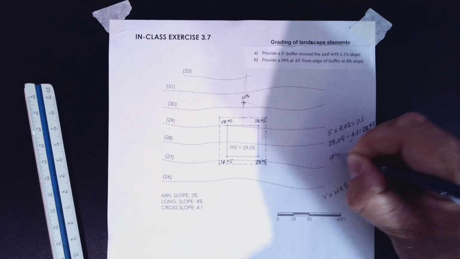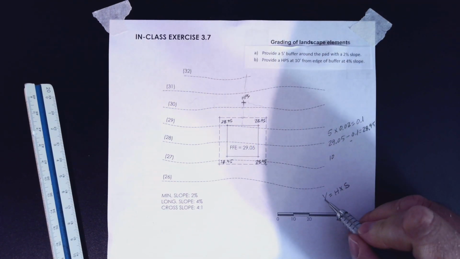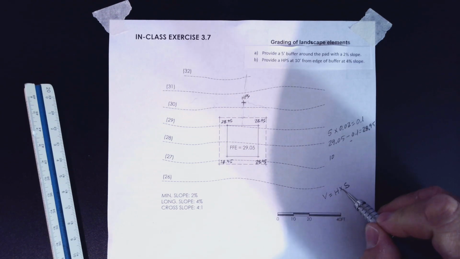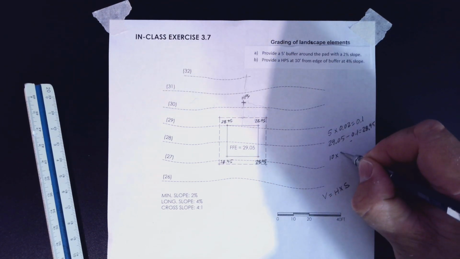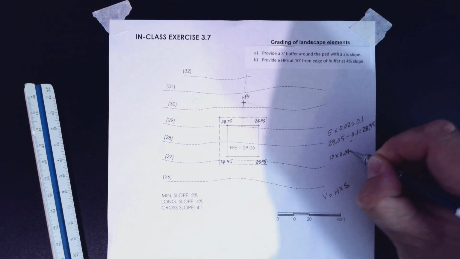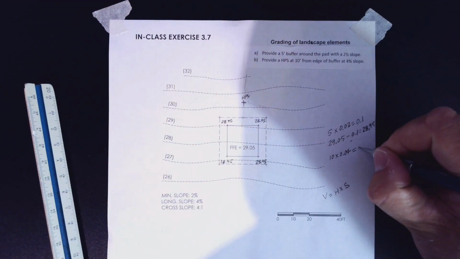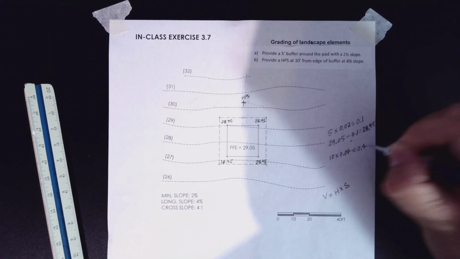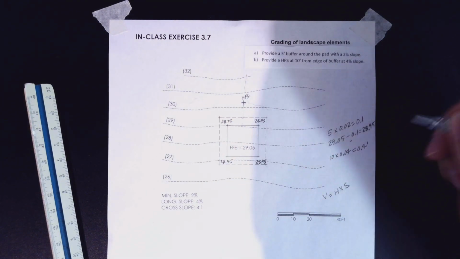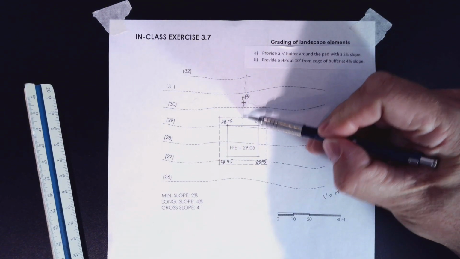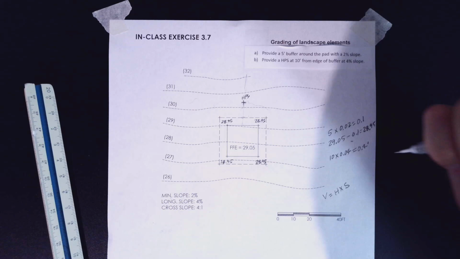So it's 10 feet times 0.04, that equals 0.4 feet. So it drops from here to here, 0.4 feet.